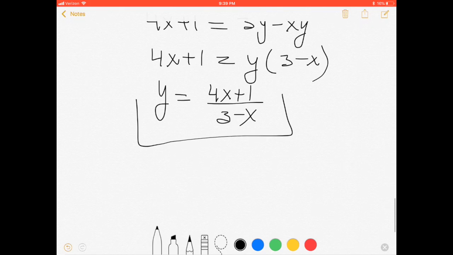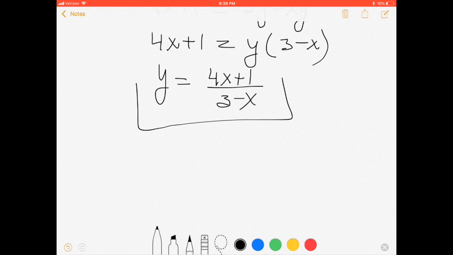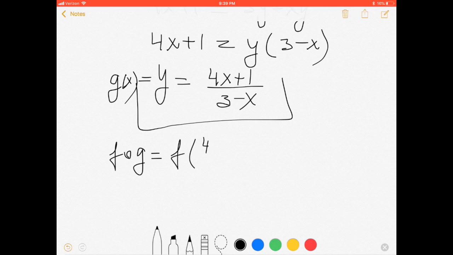Can we check? Yes, of course. We need to check the composite function of our old function and new function, let's call it g(x) here. We do f composite g. This means f of 4x plus 1 over 3 minus x. Remember what f is?